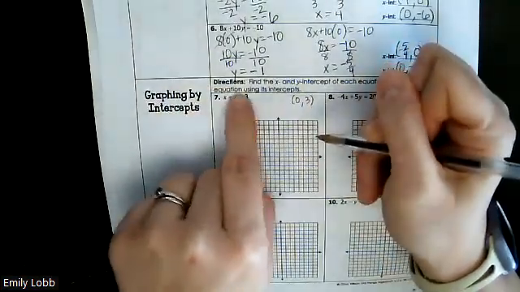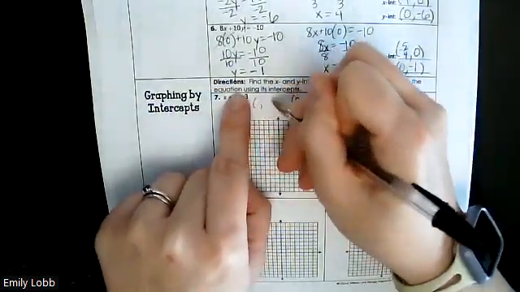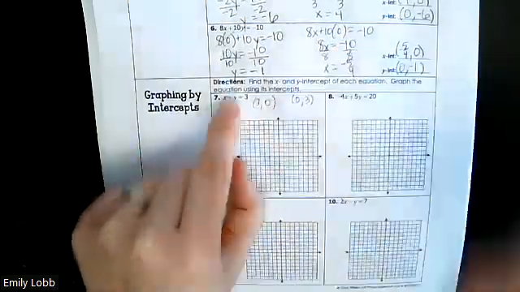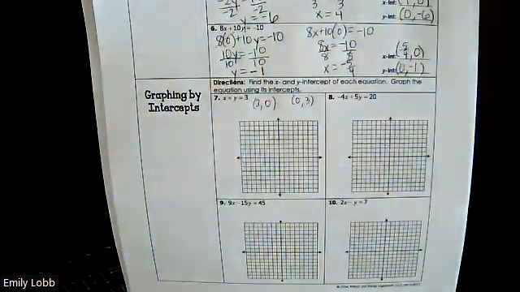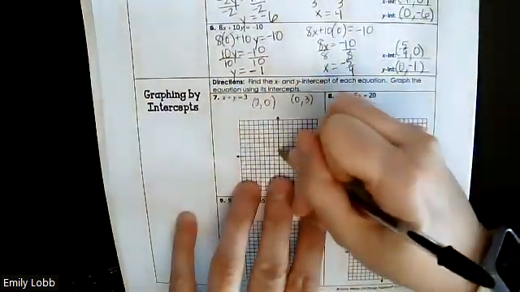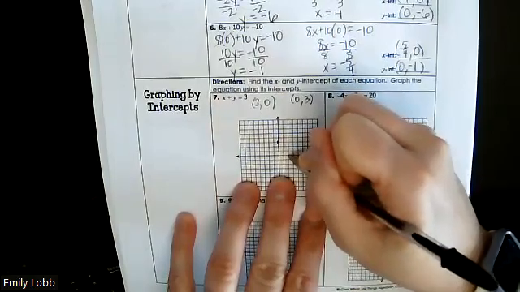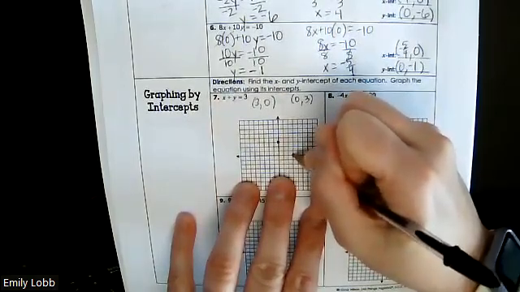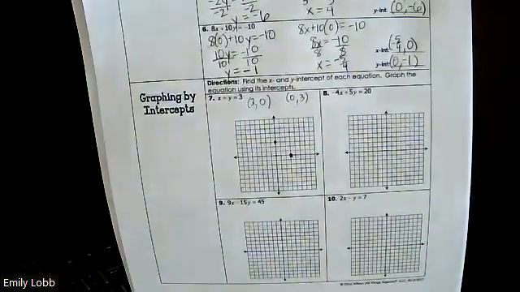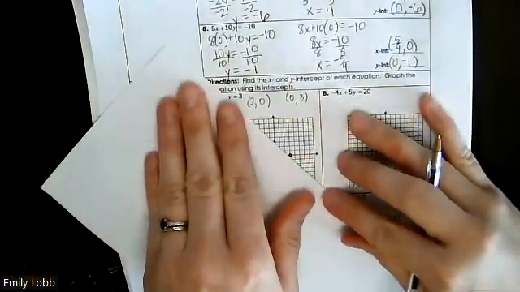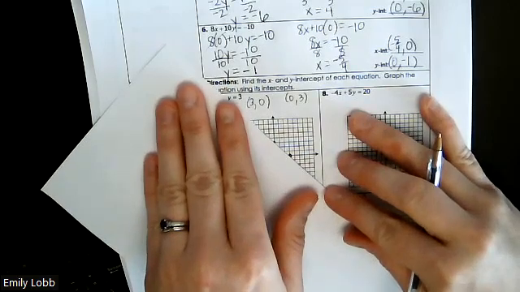If y equals 0, x also equals 3. So from these 2 points, 0, 1, 2, 3, and 1, 2, 3, 0, we can use a straight edge to draw a line.